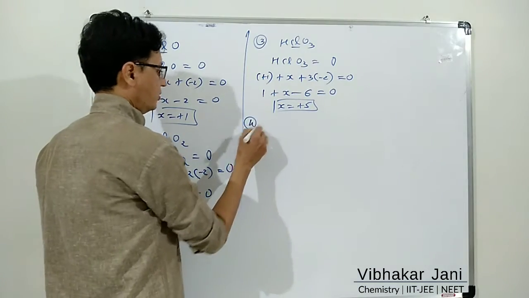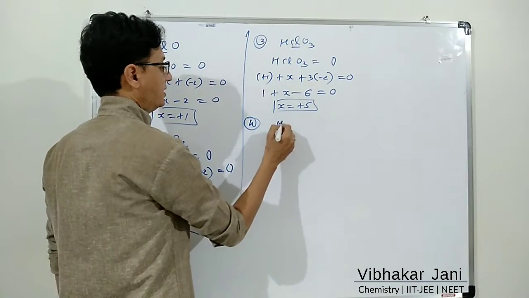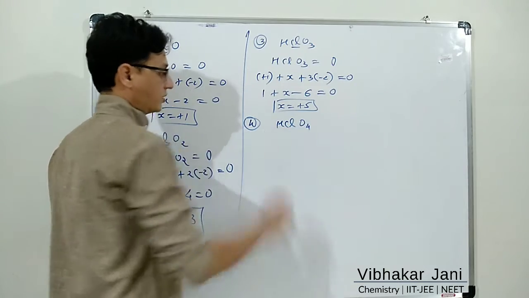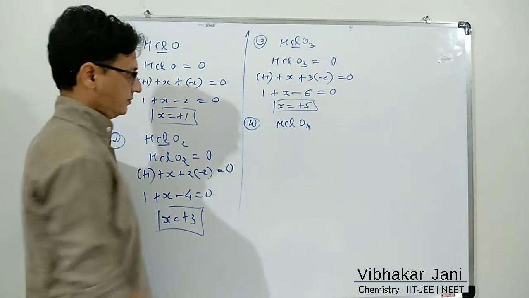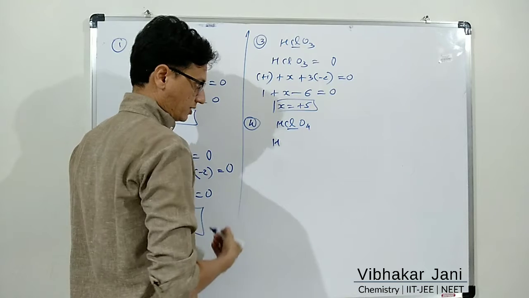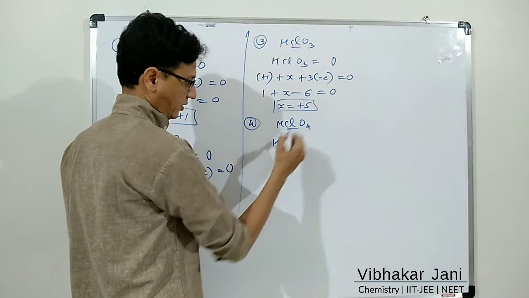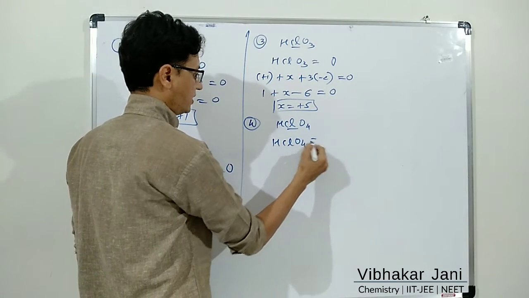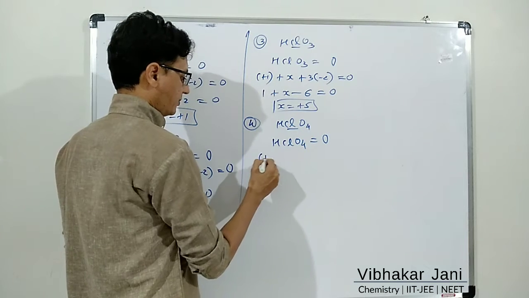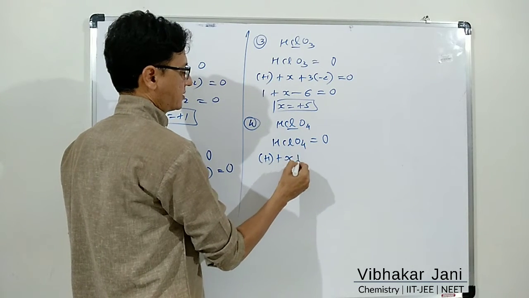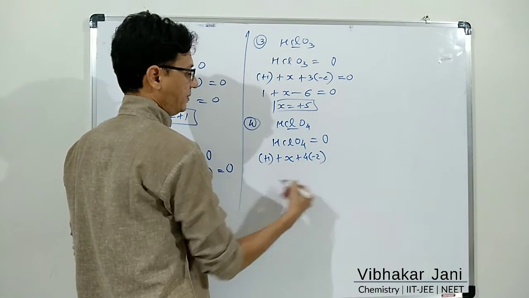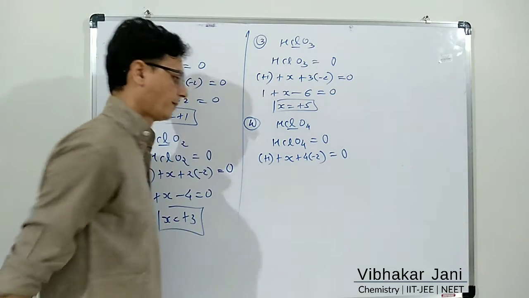One more example of a compound having chlorine, HClO4. Now, if we want to find the oxidation state of chlorine in HClO4, then HClO4 equal to 0. Then +1 plus x plus 4 multiplied by -2 is equal to 0.